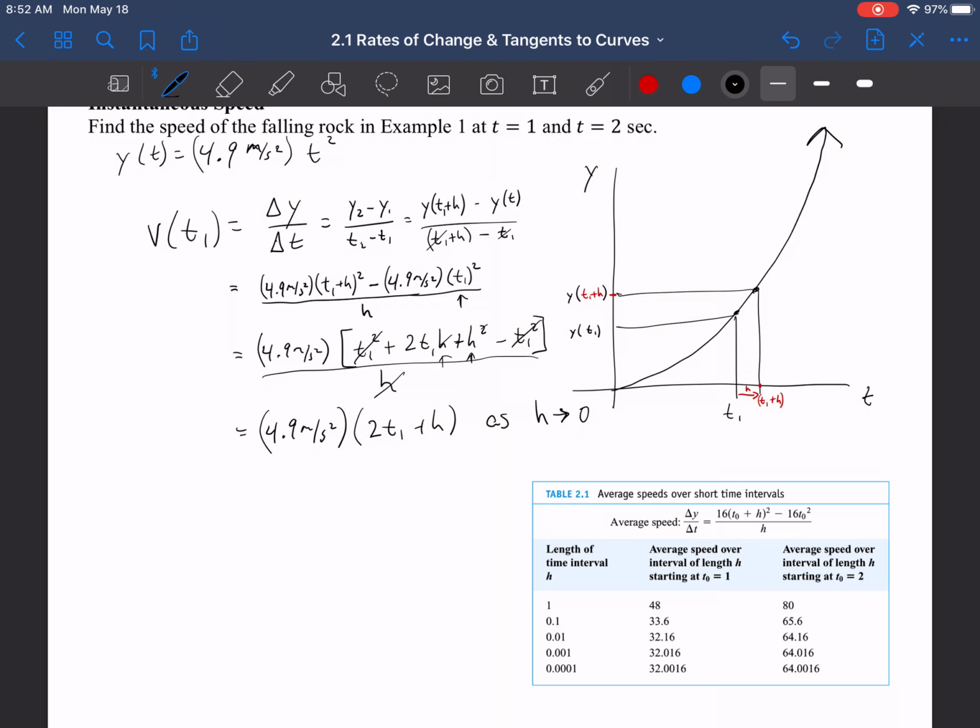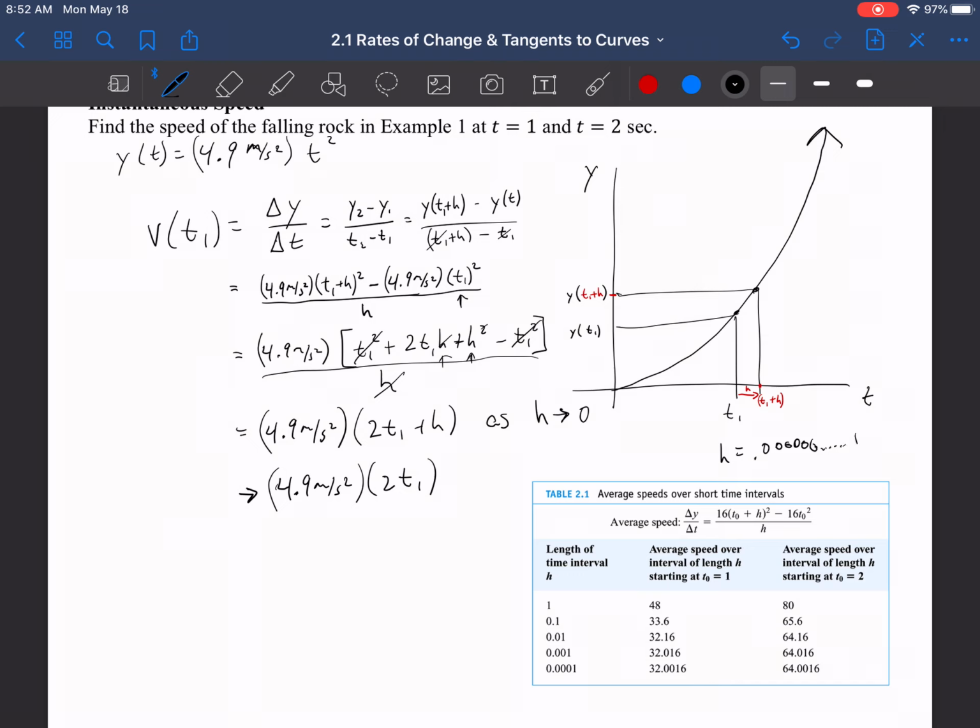And as h goes to 0, our answer will go to 4.9 meters per second squared times 2t1, because that h will become so small, it's not really going to matter there. We have 2t1 plus h, and we're letting h go to 0.0000000, an infinite number of zeros, and then a 1.